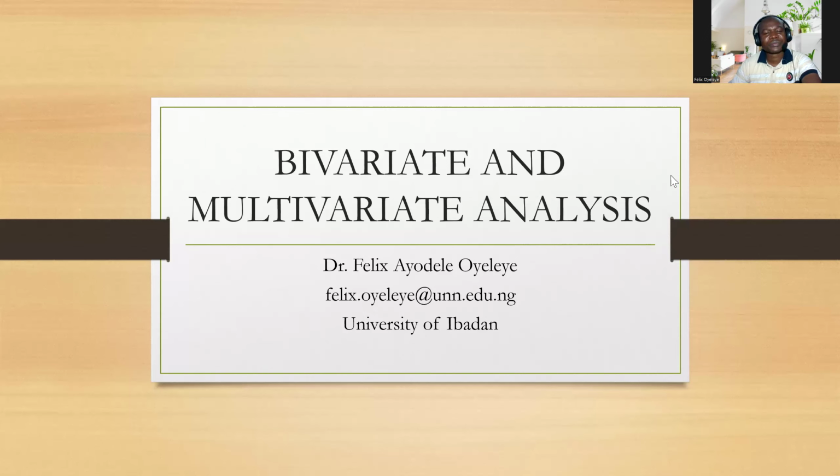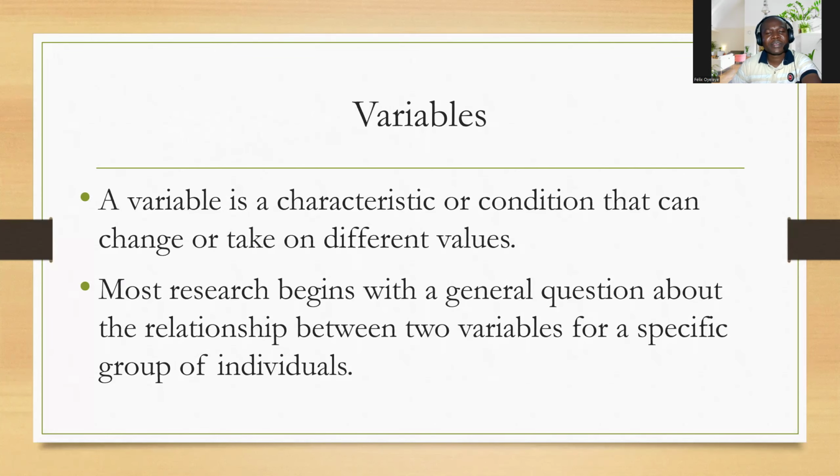So, to start with, every research starts from the fact that you study variables. And by definition, a variable is a characteristic or condition that can change or take different values.